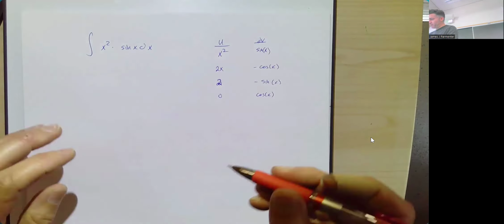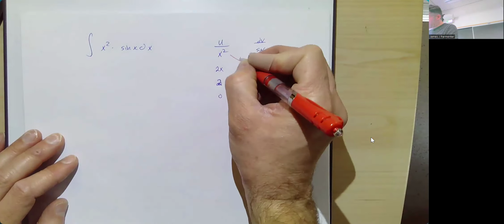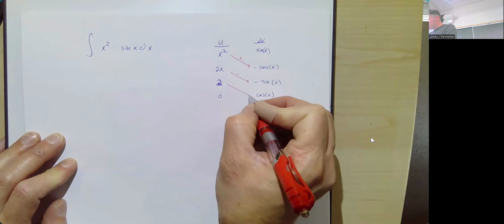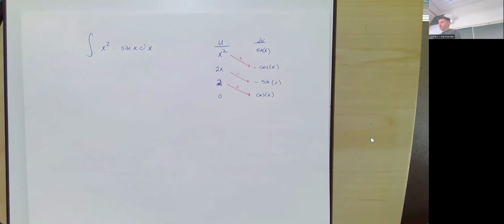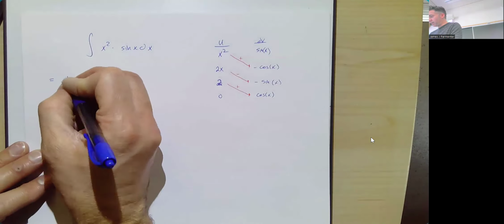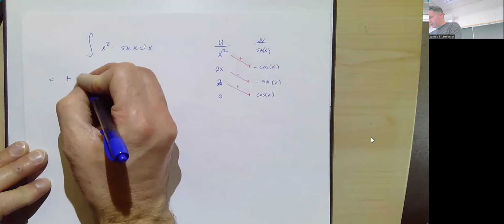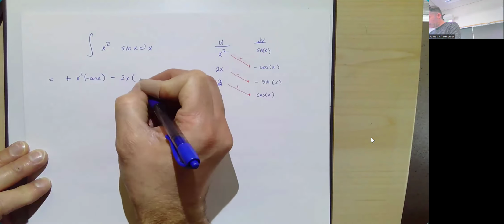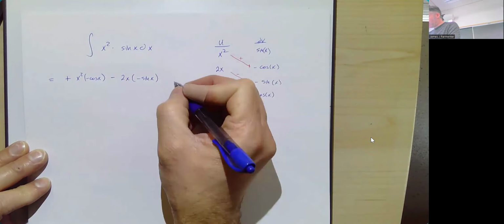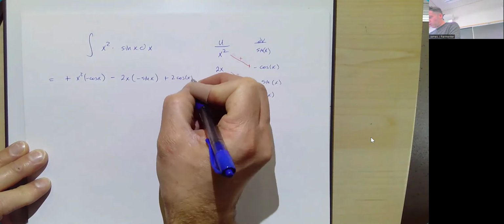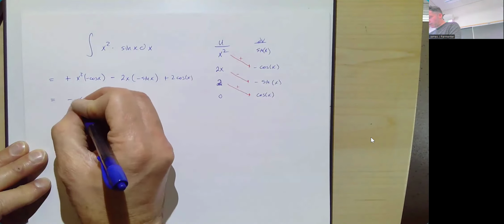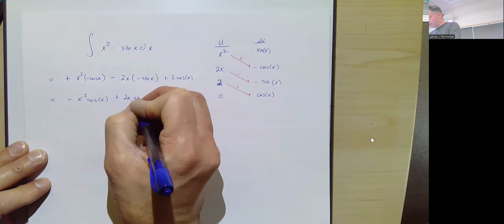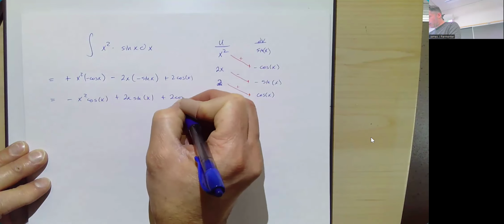And then it's going to be plus the product of those things, minus the product of those things, plus the product of those things. So our integral here would have been plus x squared times negative cosine of x minus 2x times negative sine of x plus 2 times cosine of x, or more succinctly written, negative x squared times cosine of x plus 2x times sine of x plus 2 times cosine of x.